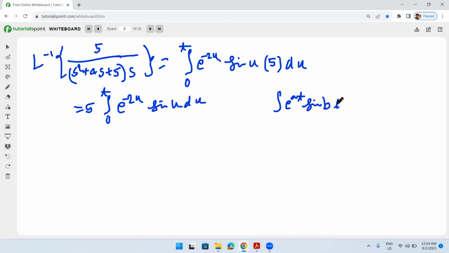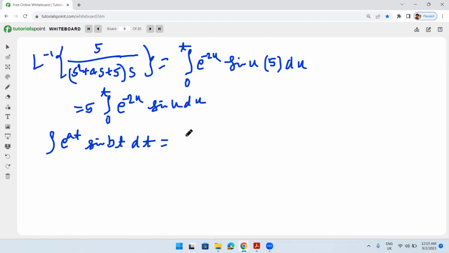Now we have a formula, integral e power at sine bt dt or du, whatever. E power at by a square plus b square into a sine bt minus b cos bt.